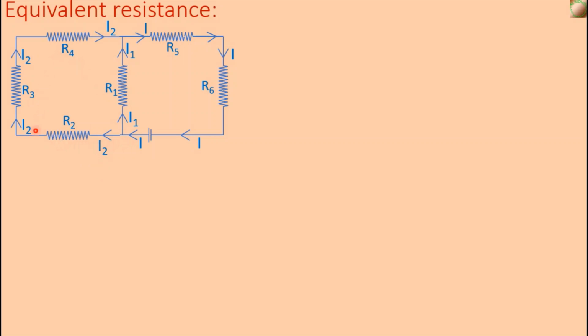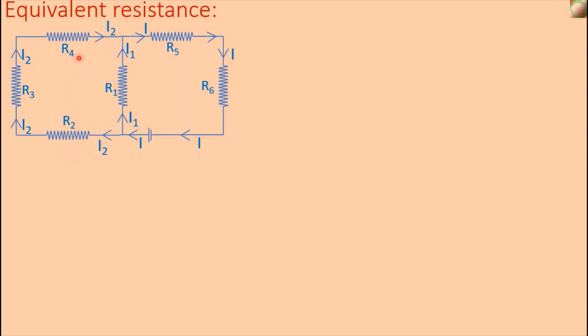Therefore we can say these three resistances are connected in series because the same current I2 is flowing through them. If the same current flows through the resistances, then these resistances are connected in series.